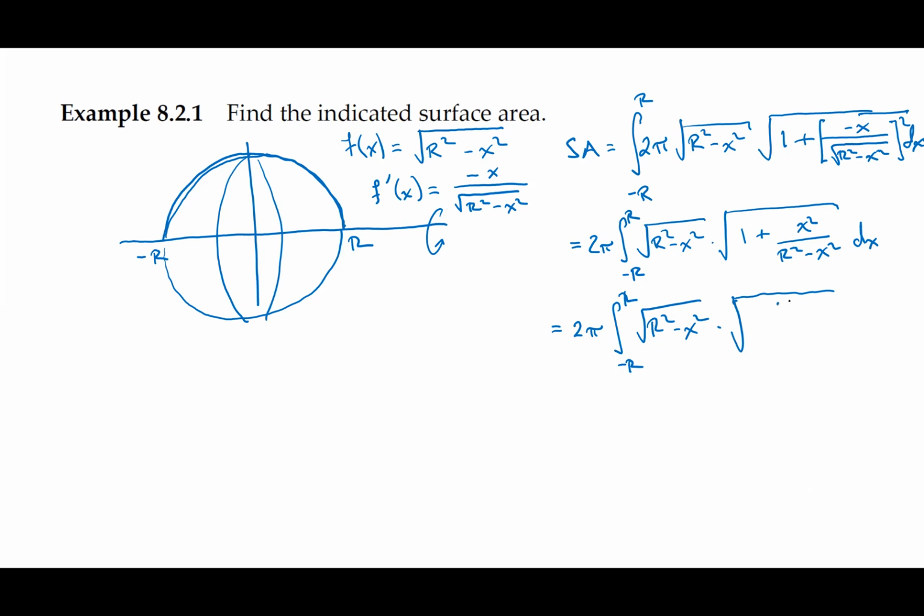So my numerator is r squared, my denominator r squared minus x squared, dx. And look at how nice things wind up. This is 2 pi, integral from negative r to r, of r dx.